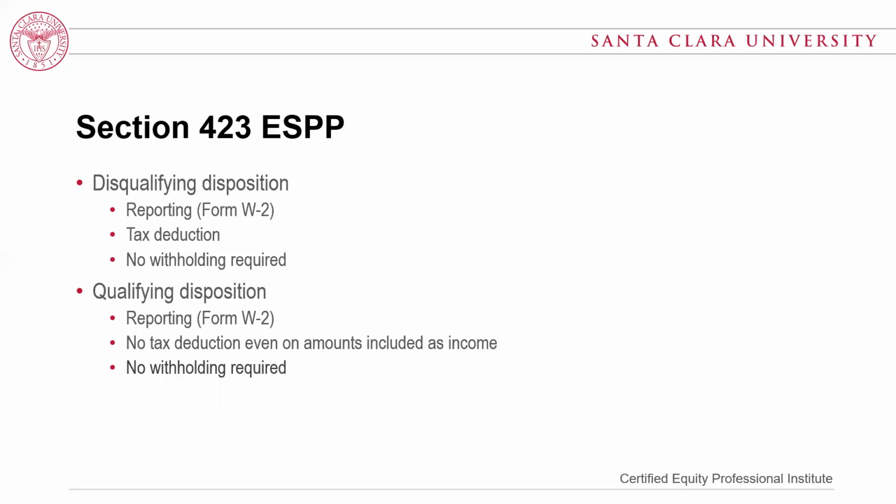However, the company only gets a corresponding tax deduction for a disqualifying disposition, not a qualified one. And similar to ISOs, the company is not required to withhold taxes in either case. So the company is reporting, but the company is not withholding. There's also an information reporting requirement under Section 6039 at the time of purchase, but we'll talk about that a bit later.